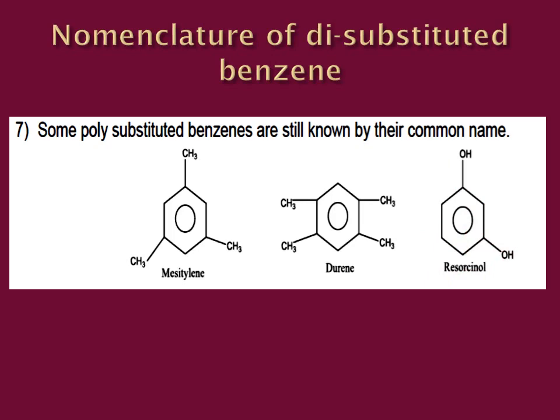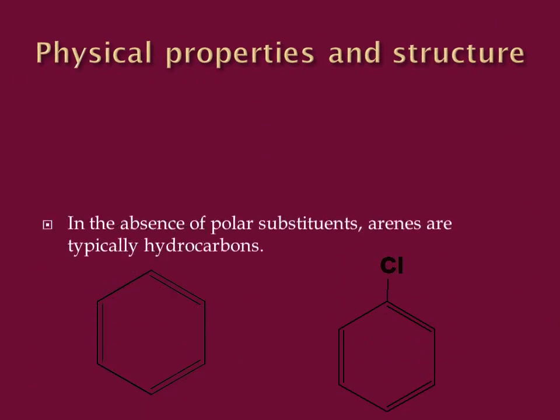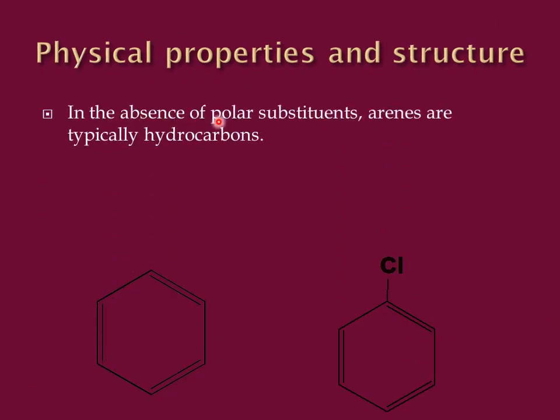Students, the next topic that we have to study is the physical properties and structure of benzene. In the absence of polar substituents, arenes are typically hydrocarbons. We have studied all the physical properties of hydrocarbons. So in the absence of any polar substituent means any heteroatom which is going to make a difference of electronegativity and create poles.